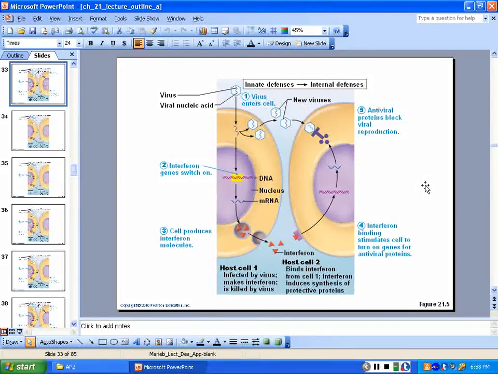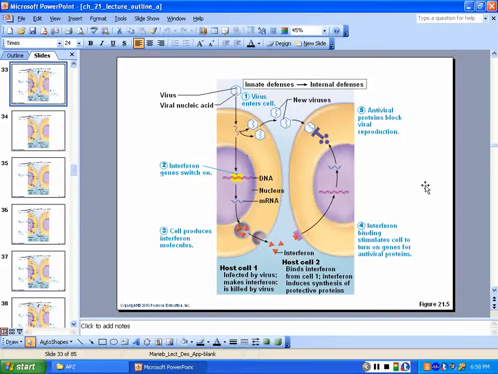It is protecting cells that have not yet been infected. Everybody understand that? When we did natural killers, it was destroying your body cells that were already infected. It was causing your cells that are infected to get destroyed. Okay? Those cells are infected, they're going to be doing bad things, so we just need to get rid of them. That's what natural killers do.